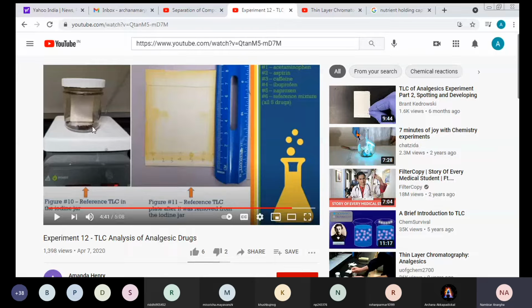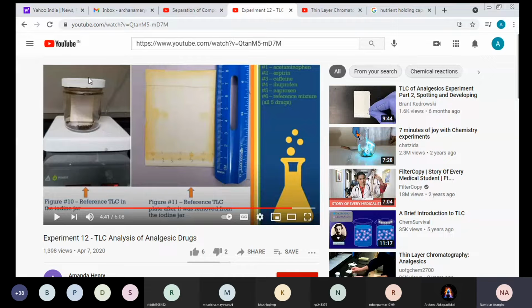In our case we have a beaker in which we place a few crystals of iodine, and then we allow it to get saturated. Once the separation or run is complete, we place our TLC plate in that iodine chamber and close it again with the lid.